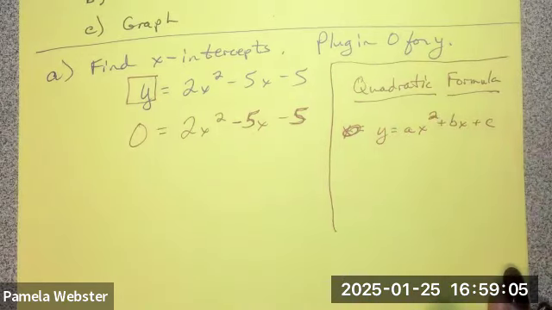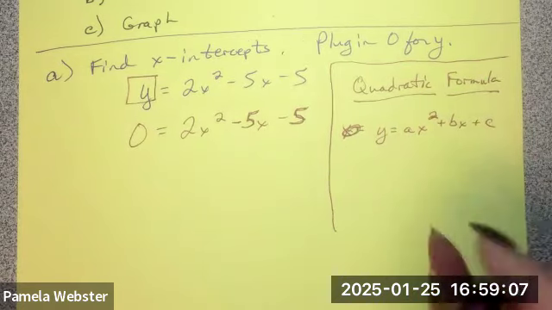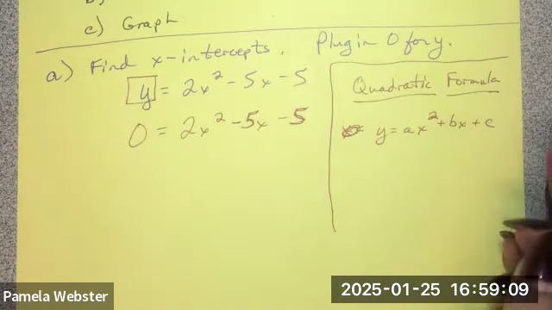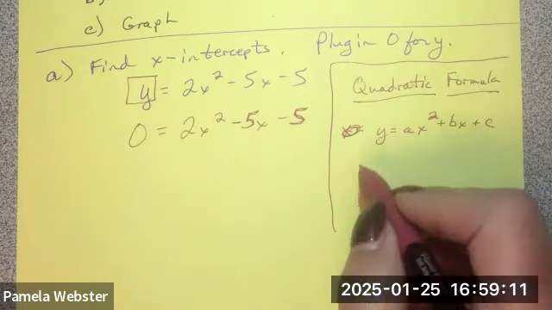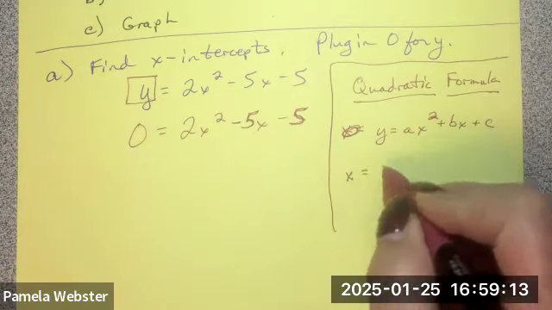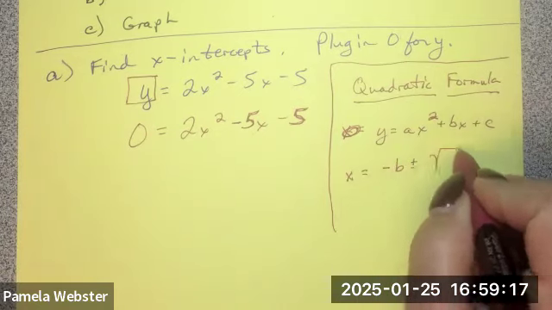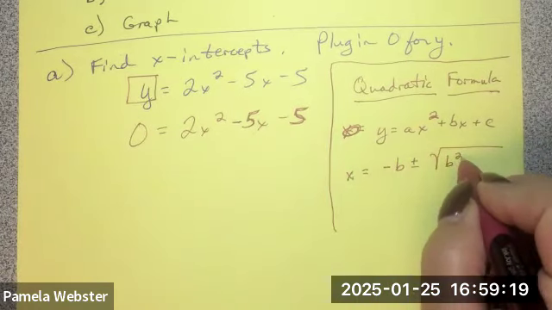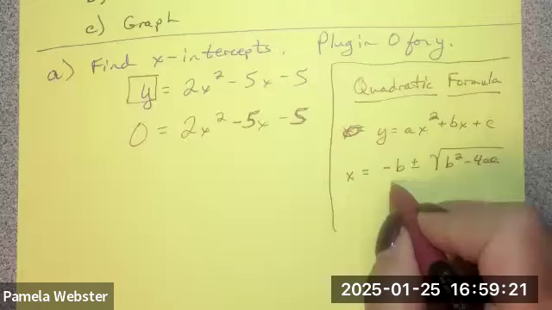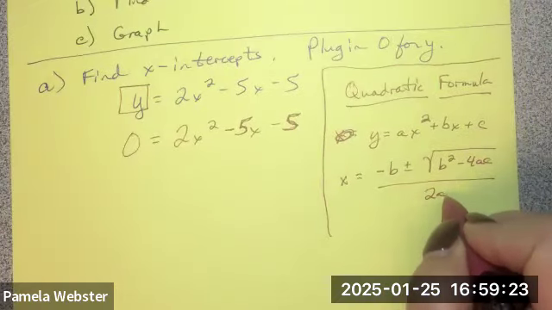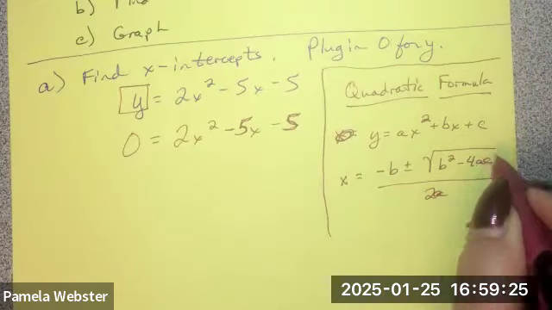That's the general form of the quadratic equation. So the quadratic formula says x equals negative b plus or minus the square root of b squared minus 4ac, all over 2a.